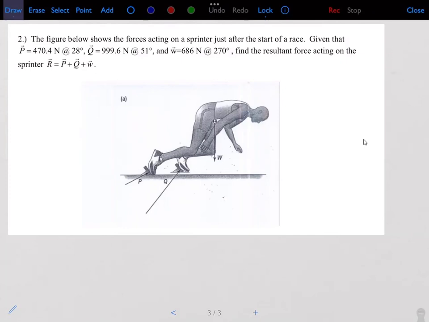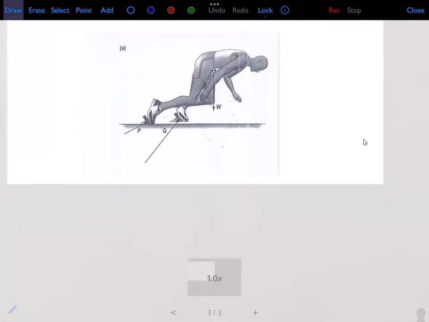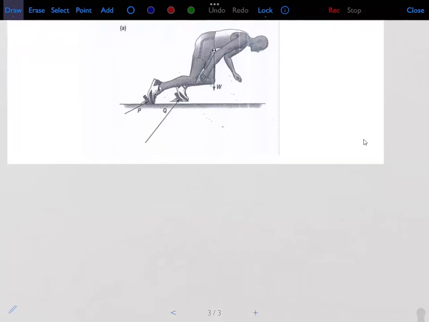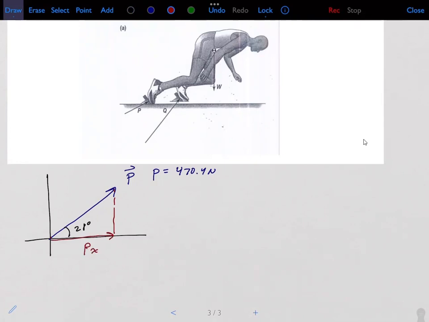Okay, so I'm going to do the same thing for this one. So let's first find the components. Okay, I'll draw this out again. So now P has a magnitude of 470.4 newtons. There's an angle here of 28 degrees. And we want to find the X component and the Y component.